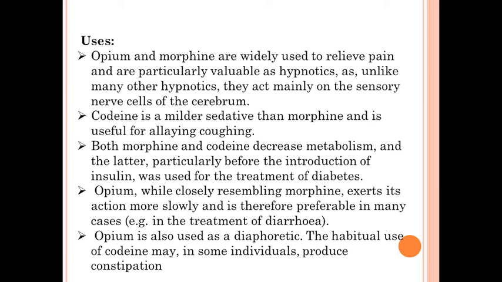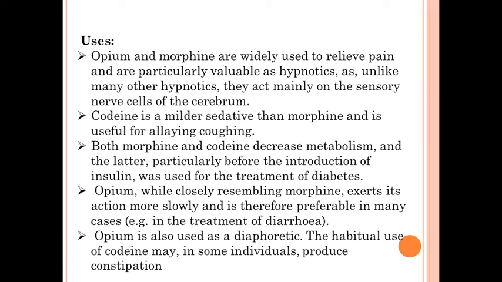Diaphoresis means perspiration or increased sweating. The nervous system sends a signal to the sweat glands to release salty fluid, and in this way diaphoresis occurs. So it is also used as a diaphoretic.